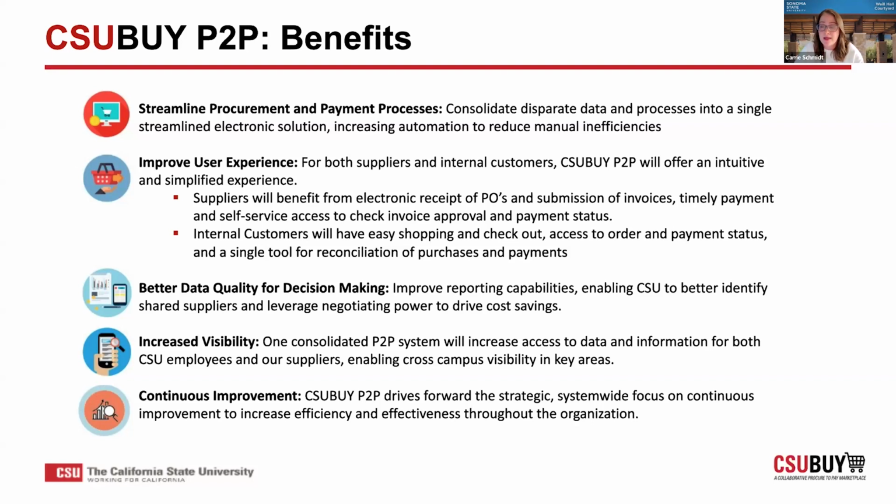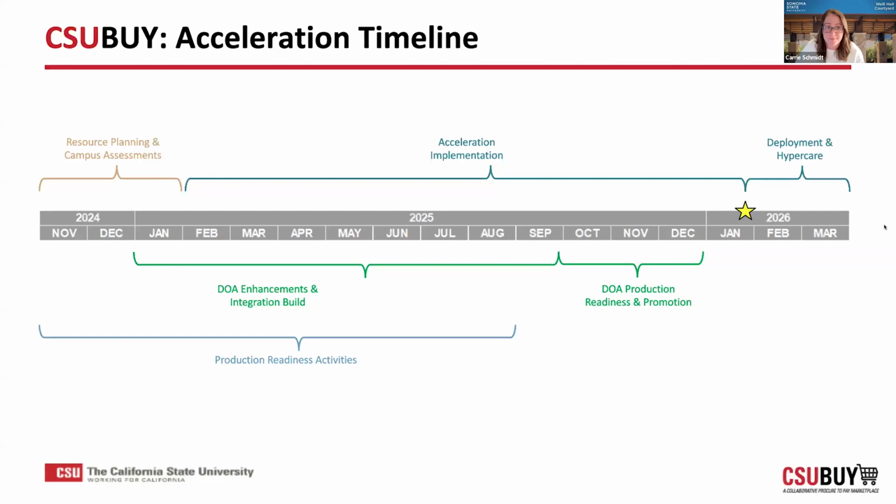The new P2P platform will replace the current CSUBUY marketplace that requires a P-card to complete transactions, so it will also reduce the amount of monthly transactions that will need to be reconciled. At a system-wide level, the platform enhances data quality, increases visibility across campuses, and supports our ongoing commitment to operational efficiency, accountability, and strategic improvement.